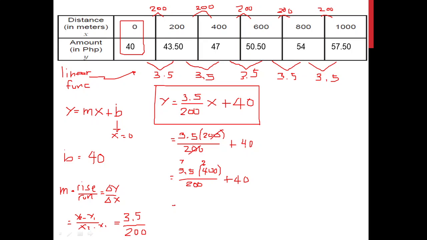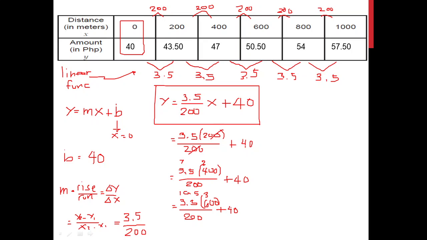Next, let's have this last one, 600 divided by 200, plus 40. Again, we can simply divide directly. 600 divided by 200 gives you 3. 3 times 3.5 gives you 10.5. 10.5 plus 40 will give you 50.5. Okay, so that's how you simplify terms.